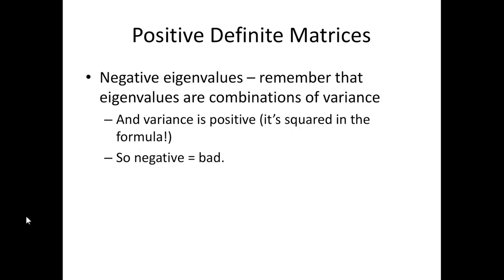Negative eigenvalues, right, remember the eigenvalues from EFA are combinations of variance, so it's sort of like grouping variance chunks together. And the formula for variance is squared, so it has to be positive. So if you get a negative eigenvalue, something has gone seriously wrong because variance should be positive.